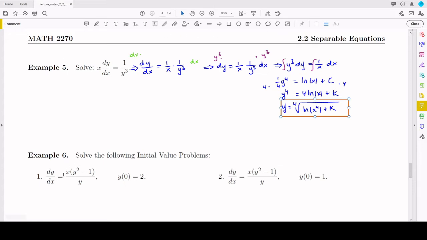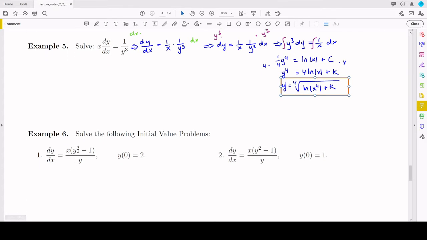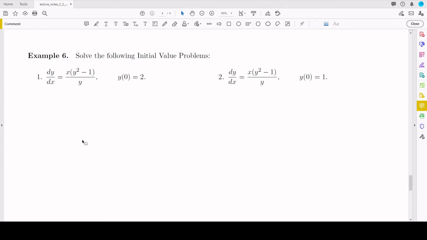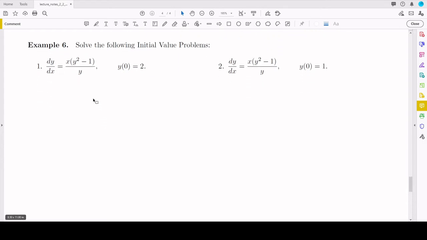Okay, so for the next example, we're going to solve an initial value problem. The initial value problem is dy/dx equals x times y squared minus 1 over y. The only difference is we're going to look at two different initial values. Again, this is separable, so we start by multiplying both sides by dx.